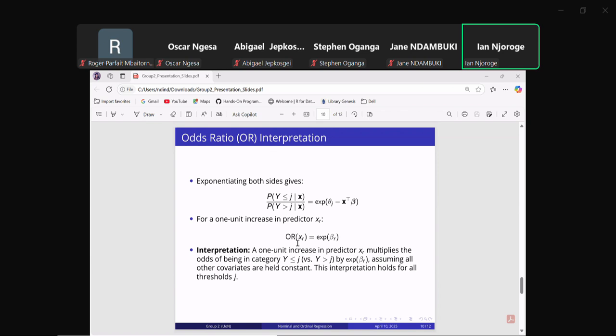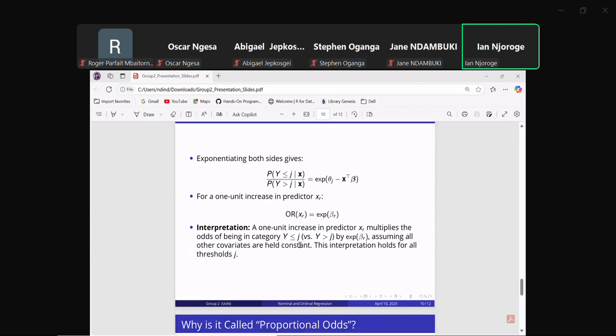So for a 1 unit increase in a predictor variable, the odds ratio for the predictor variable in a regression model is equal to the exponential of the coefficient for x_r. This means a 1 unit increase in the predictor multiplies the odds of being in category less than or equal to j versus greater than j by exponential beta_r, assuming all other covariates are held constant. This interpretation holds for all thresholds j.